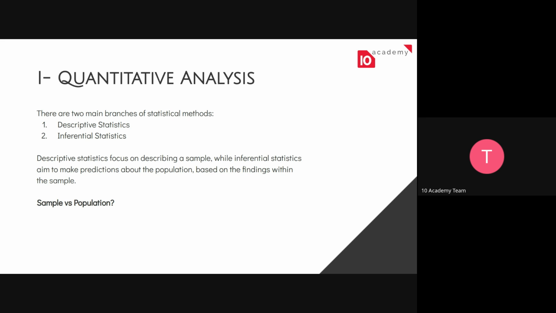You are not going to collect data for 40 million people. You're just going to collect a representative sample of, say, 1,000 people. Computing statistics for this sample of 1,000 people is descriptive statistics, while from this data, after you make these computations, you can infer information about the whole population of 40 million people. This is the difference between a sample and a population, and between descriptive and inferential statistics.